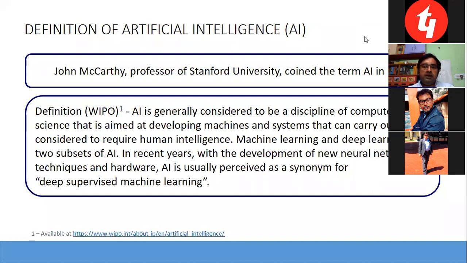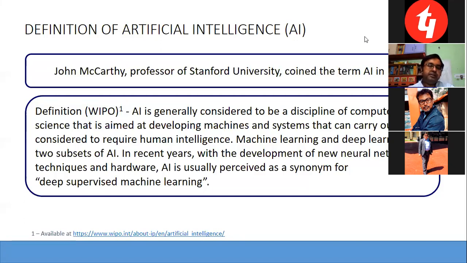Machine learning and deep learning are the two major subsets of AI. In recent times, we have started having various types of neural network techniques, and we are also evolving the hardware ecosystem around artificial intelligence to ensure that AI works properly.